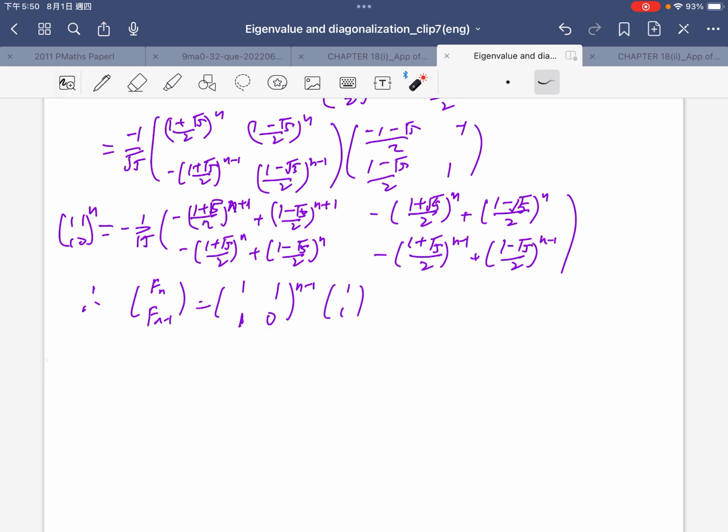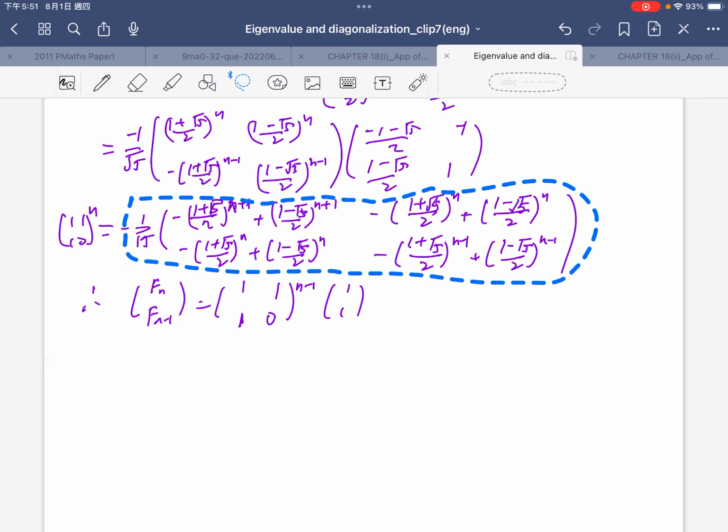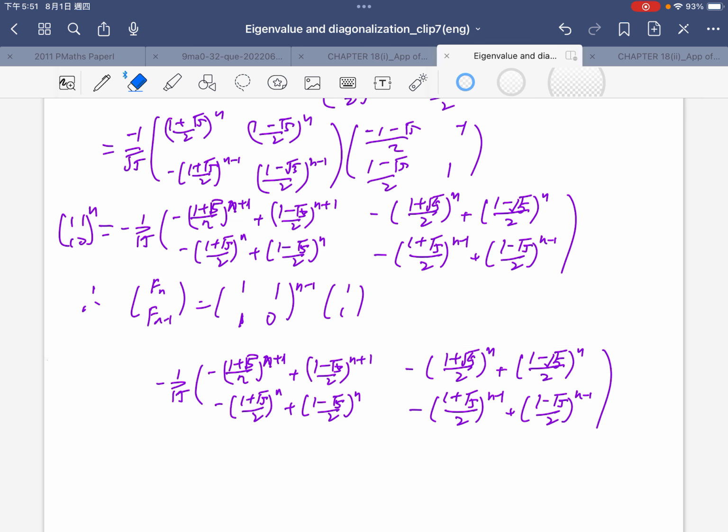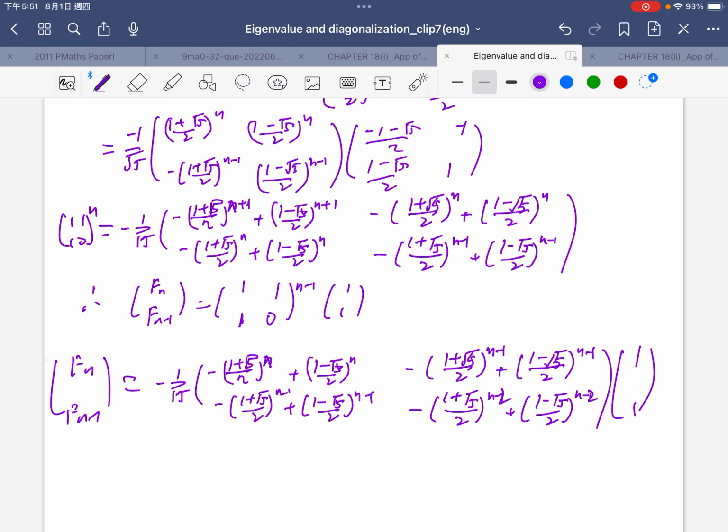But we paste the n here because this is n. I have to replace the n by n minus 1. Okay, I copy here and change the n to n minus 1. This is n minus 1 minus 1 minus root 2 minus 1 minus root 2, and then times 1 1. This is fn minus 1.